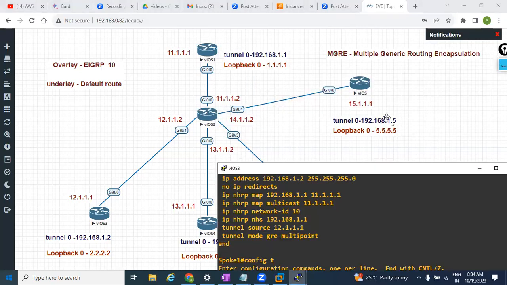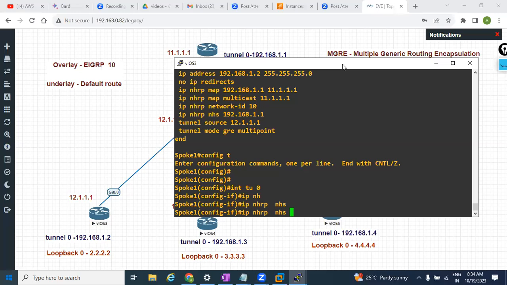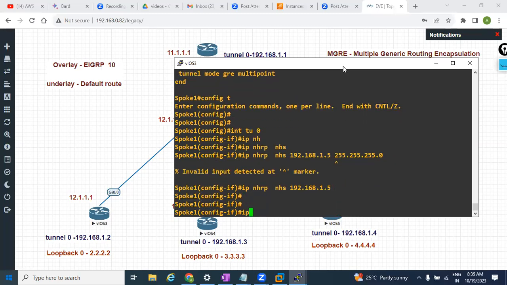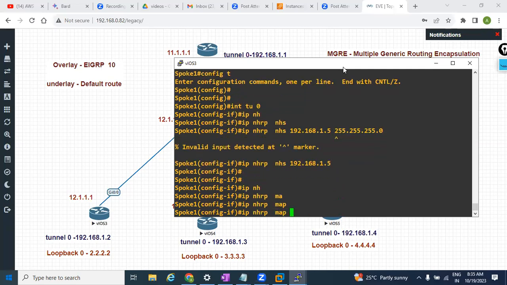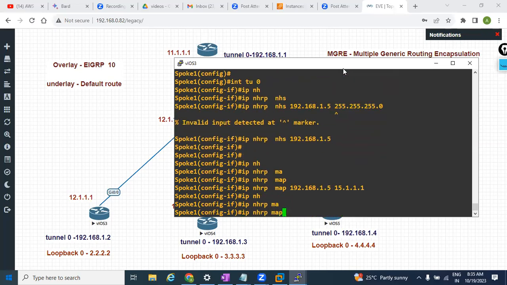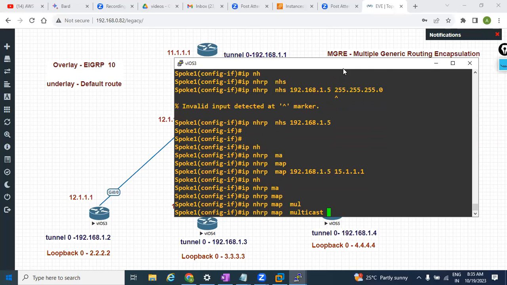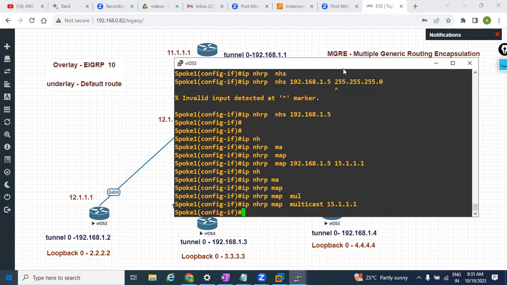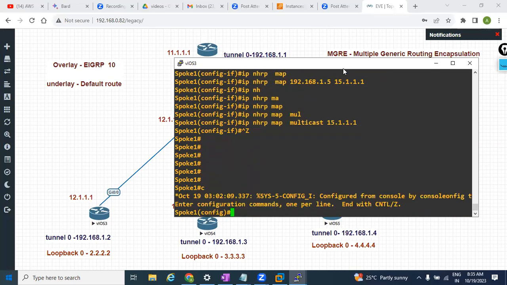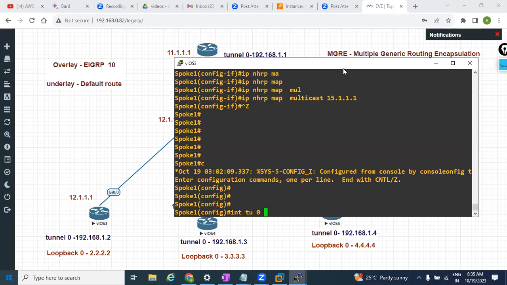Who's the next NHS now? 192.168.1.5. Then IP NHRP map with what? 192.168.1.5 with 15.1.1.1. IP NHRP map multicast with whom? 15.1.1.1. That's it. Okay.